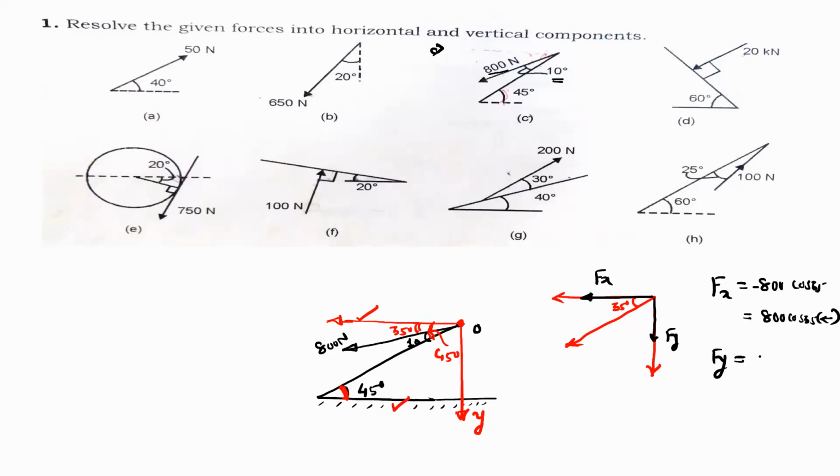Fy is equal to minus 800 sin 35, that is 800 sin 35 in the negative y direction. So this is the resolution of the force if it is lying in the third quadrant.